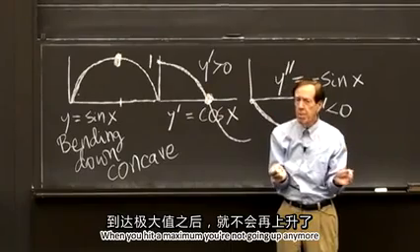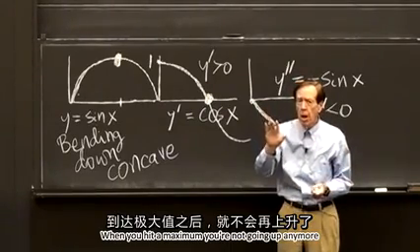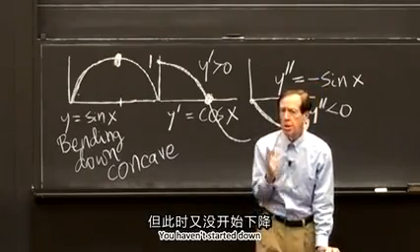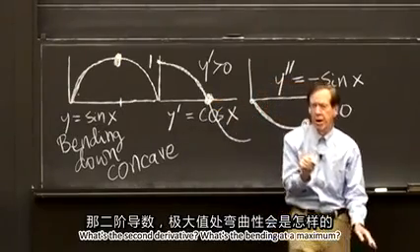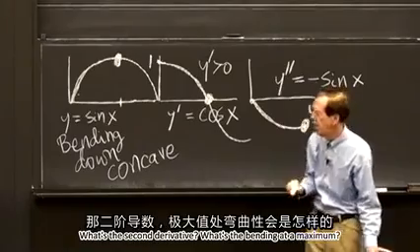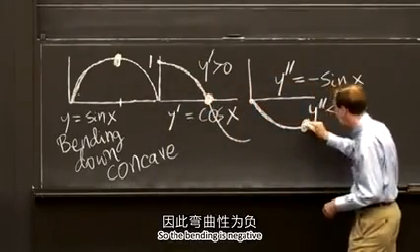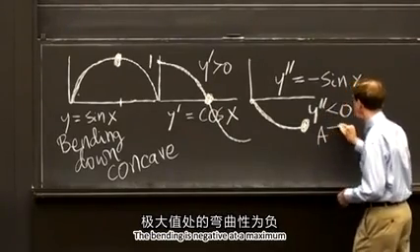When you hit a maximum, you're not going up anymore. You haven't started down. The slope is 0, right there. What's the second derivative? What's the bending at a maximum? The bending tells you that the slope is going down, so the bending is negative. The bending is negative at a maximum.